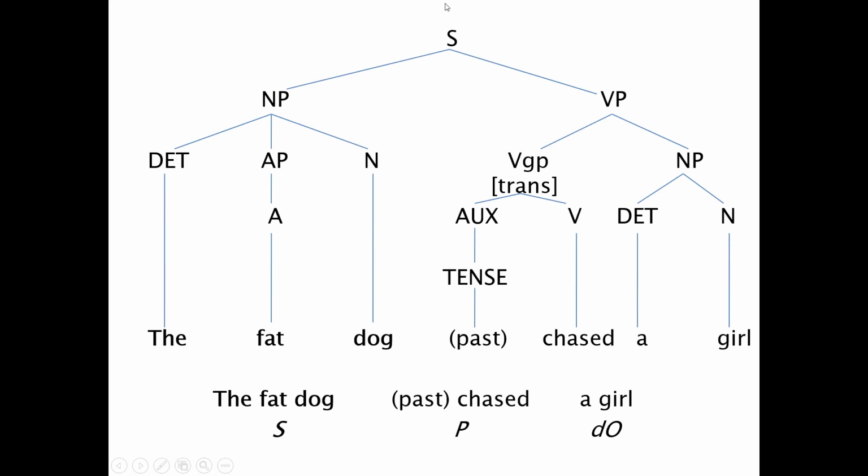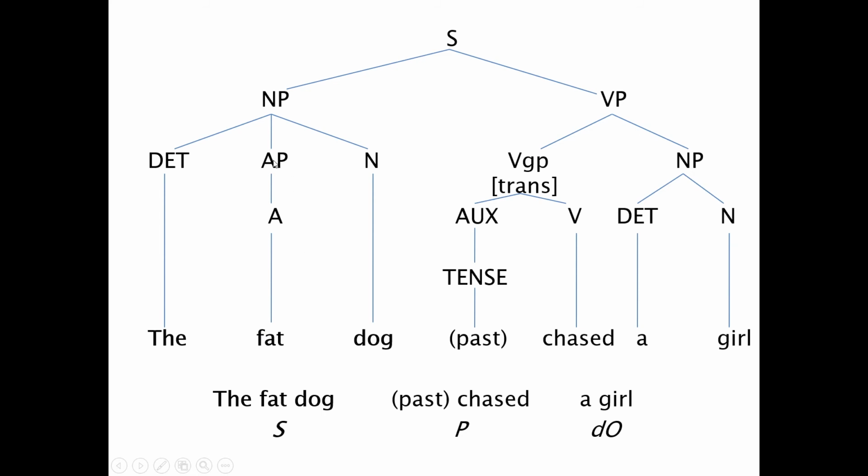So once again, sentence, we have noun phrase and verb phrase. What are the elements included in the noun phrase? We have the determiner the, we have the adjective fat, and we have the noun dog that is the head. And by the way, we can drop all these elements and use the pronoun: it chased a girl.